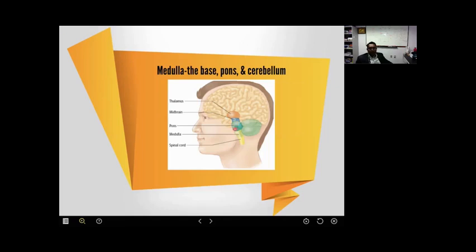This elevated round structure is the pons. And just behind the pons, there is a single structure. It's a solid structure that goes behind the medulla and the pons, and this structure is called the cerebellum. So there is the medulla, on top of that the pons, and behind these two there is one single structure that goes across horizontally. It's called the cerebellum.